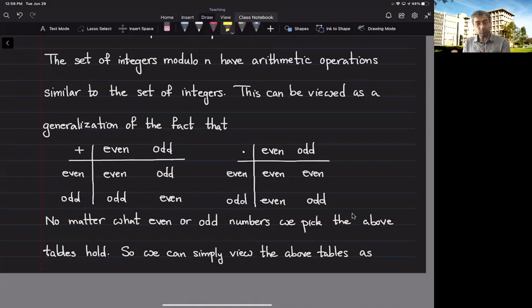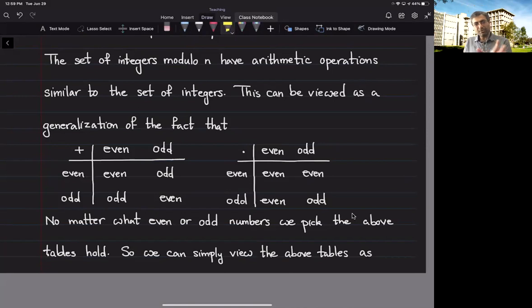Similarly, when I do multiplication, I can multiply an even number by any other number. Definitely, the product will be an even number. When I multiply two odd numbers, the product is definitely an odd number. These are the things that we've learned from elementary school.